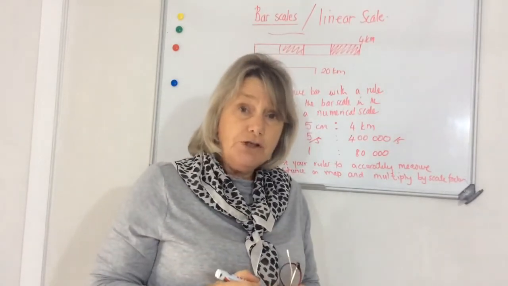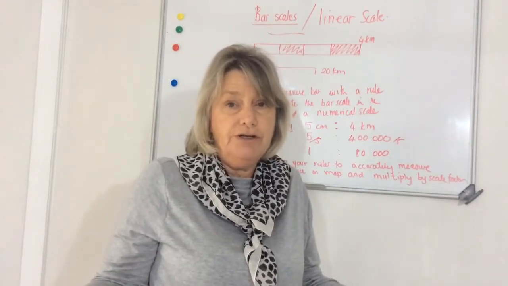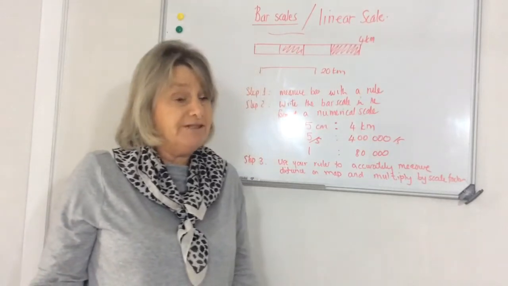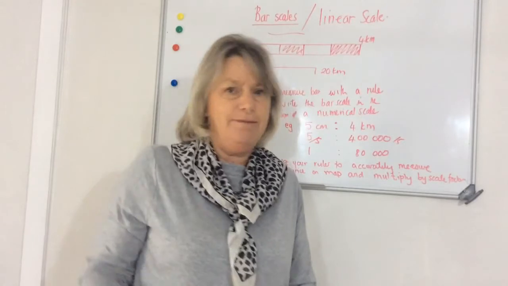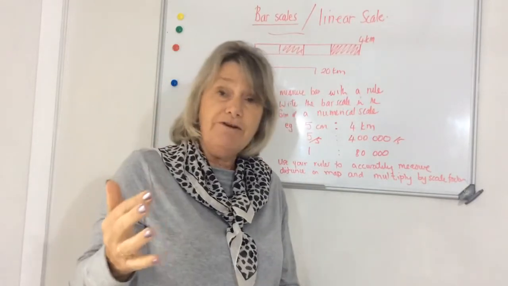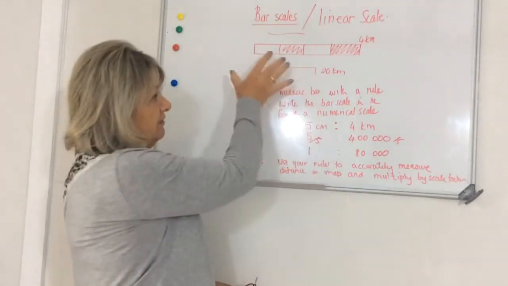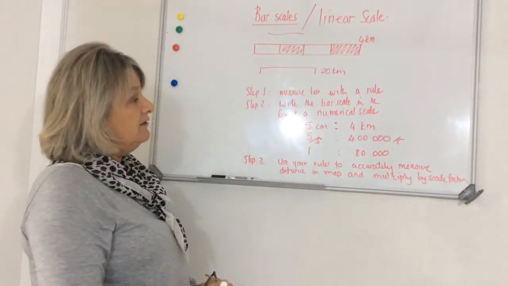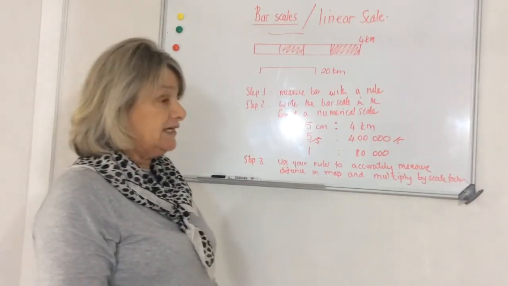For example, on tourist maps of a town, you might have a bar scale, because tourists don't necessarily carry calculators. I know that these days we do have cell phones with calculators, but people are just not going to get them out and do that. They want to figure out, can I walk there? Do I need to take my car? And you can very easily see this distance.